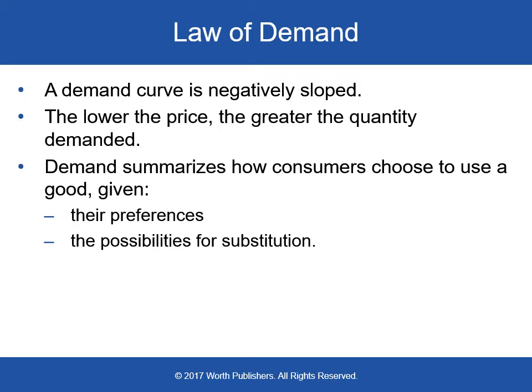So that law of demand is fundamentally assumed to be based on the behavior of buyers, and buyers' behavior is affected by their preferences and also by the existence or non-existence of alternatives to the product.